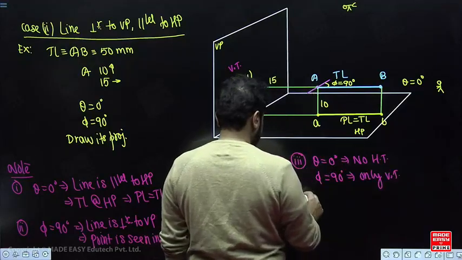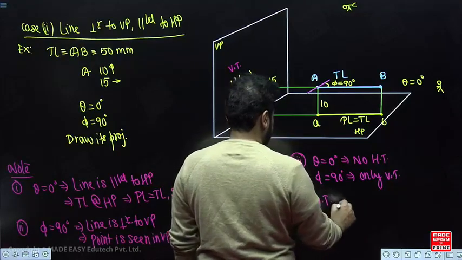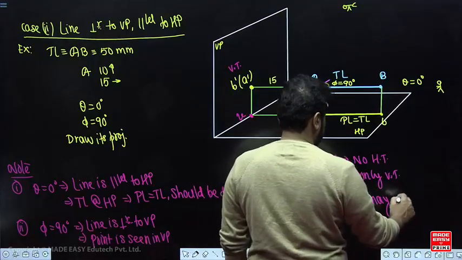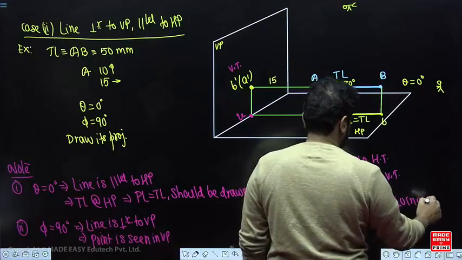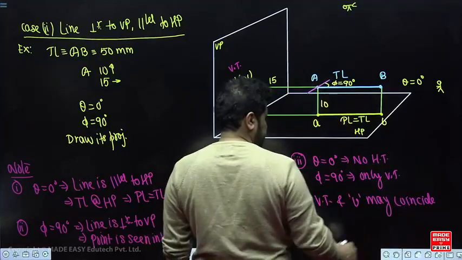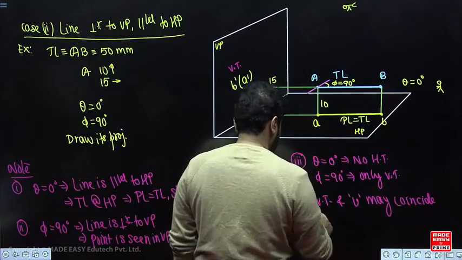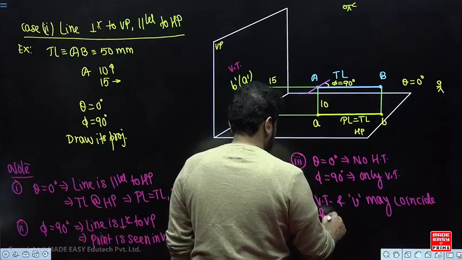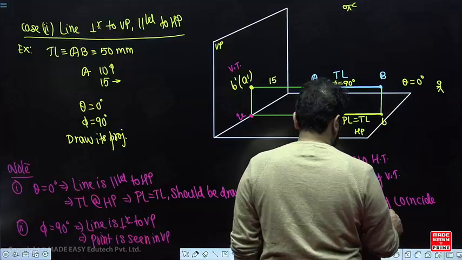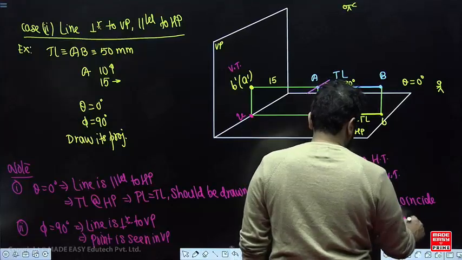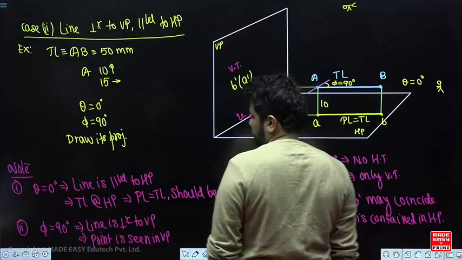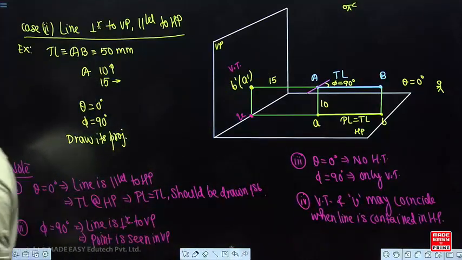Fourth, VT and small v may coincide when line is contained in HP. बताओ, any doubt?